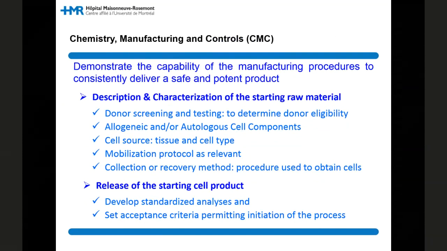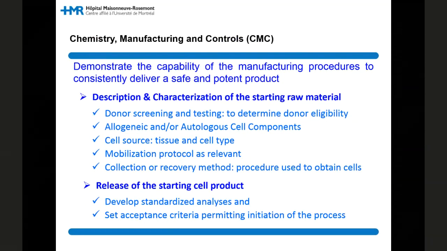If you're manufacturing a product and it's working only 50% of the time, then you're not ready for clinical. You need to have something that's at least 90% of the time that you're going to be able to produce an efficient product.